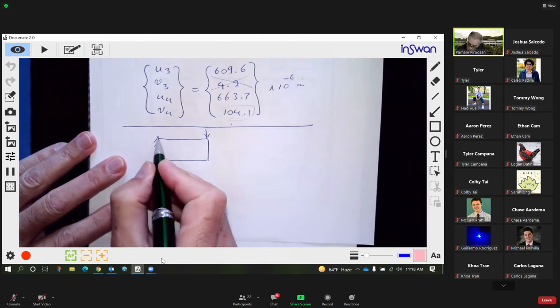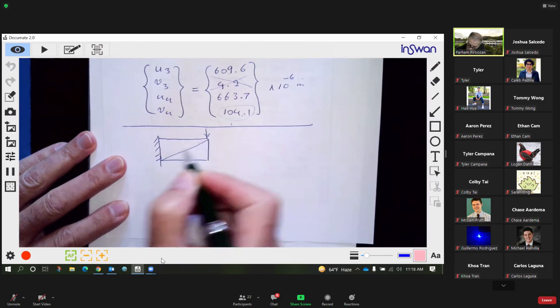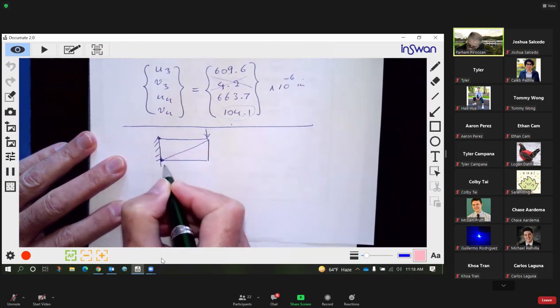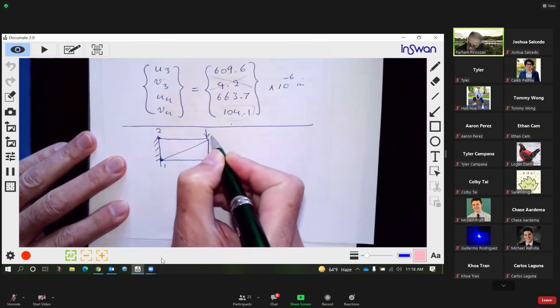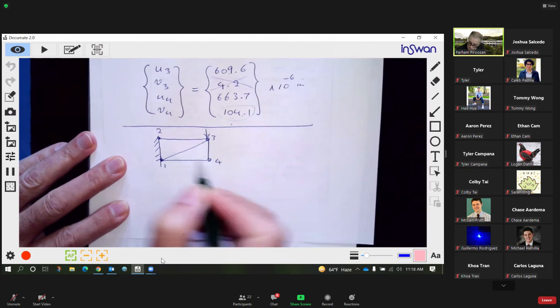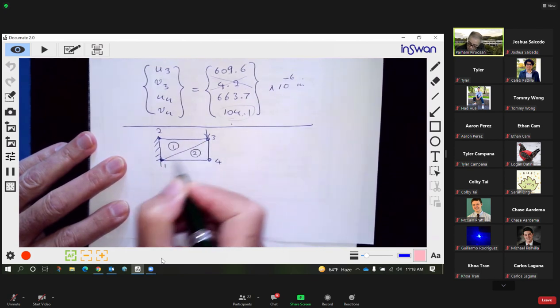Suppose I select this one, node 1, 2, 3, 4. Element 1, element 2.